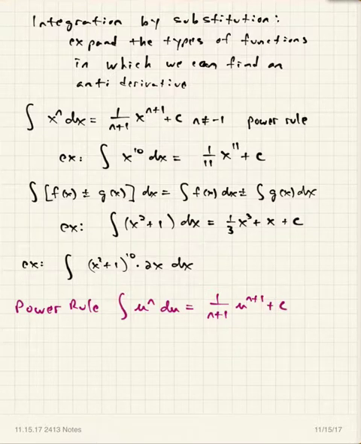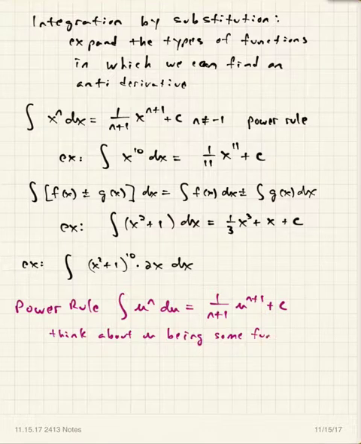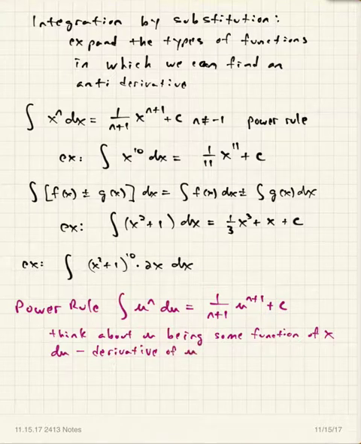Now, it seems like an extremely subtle difference here, but I want you to think about u being some function of x. And then du is the derivative of that function.